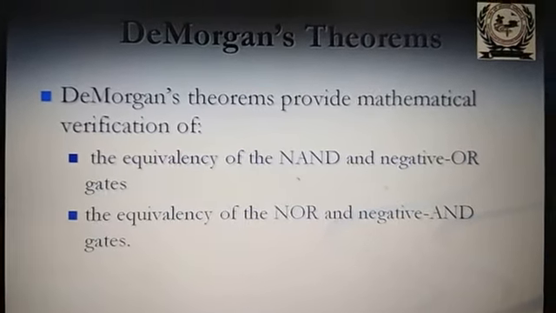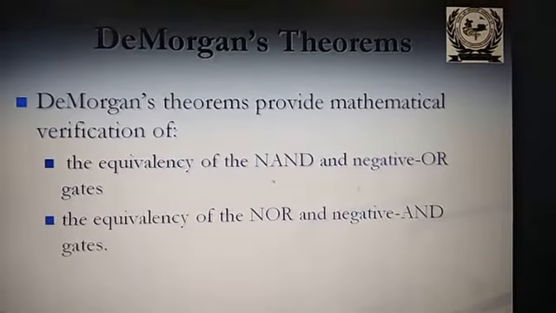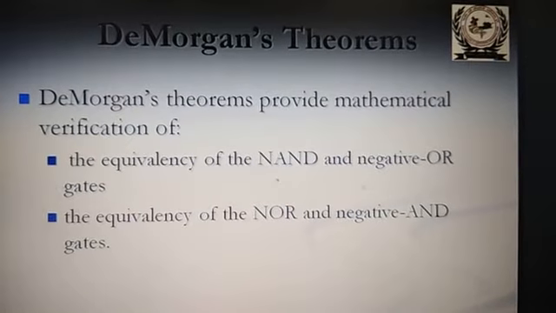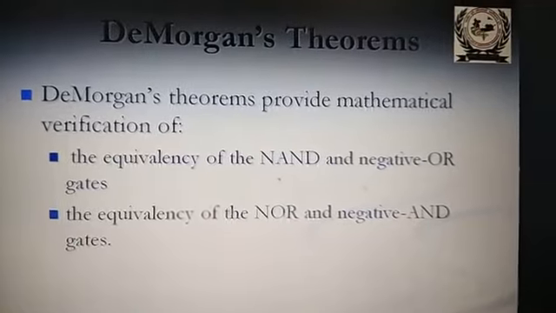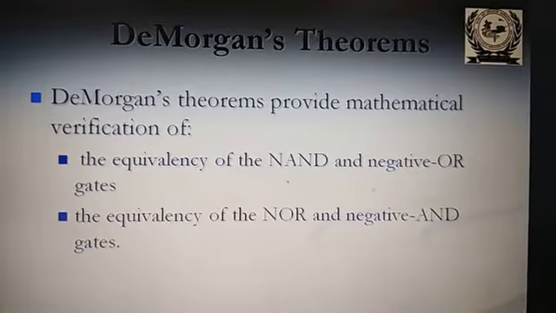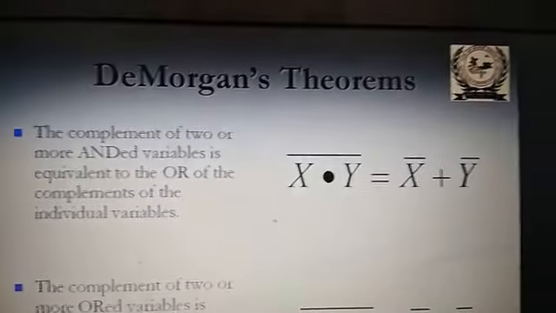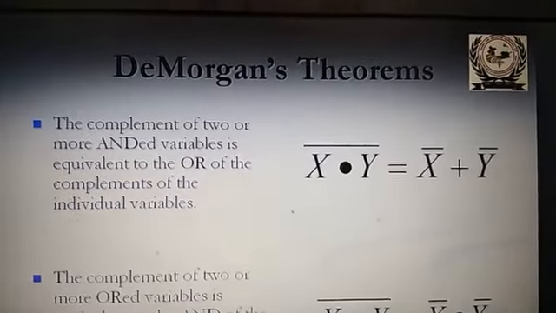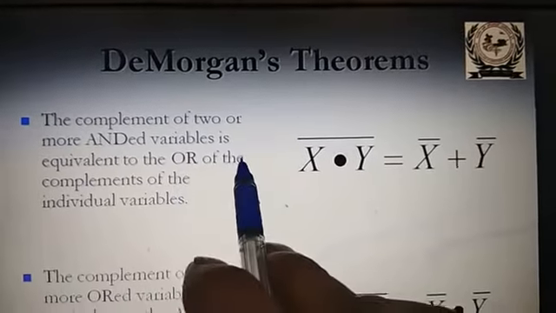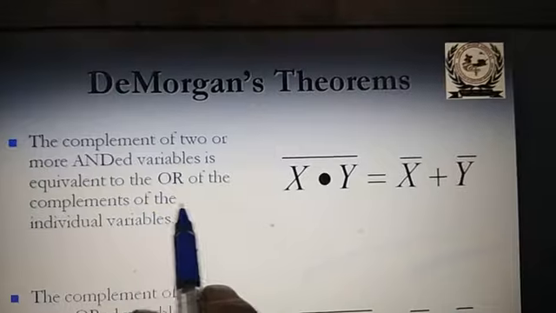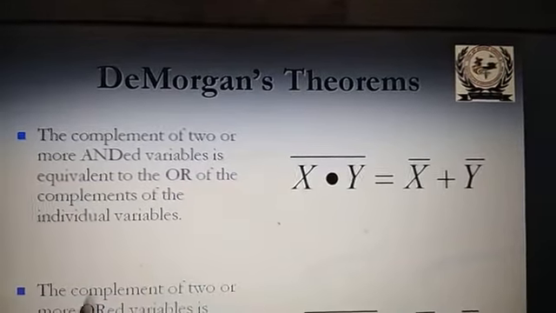What does the De Morgan's theorem provide? The equivalency of NAND and negative OR gates and the equivalency of the NOR and negative AND gates. Let us see De Morgan's theorem. The complement of 2 or more ANDed variables is equivalent to the OR of the complements of the individual variables.